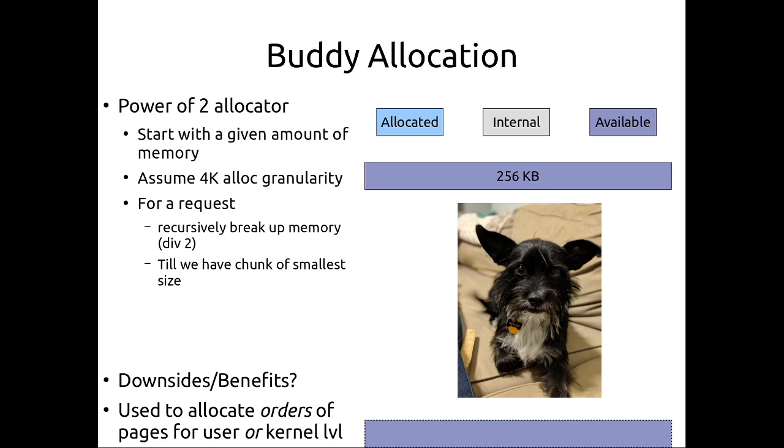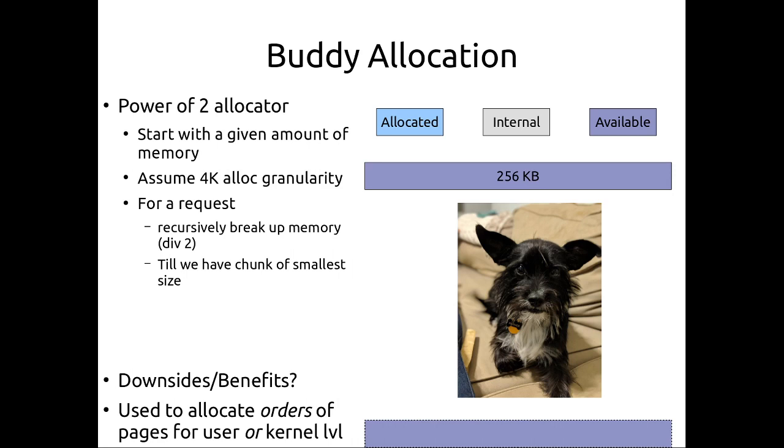So it's checking off a lot of those requirements that we had for this kind of specialized environment, right? And how it generally works is that we're going to take a large range of memory that's not broken up into different allocations.